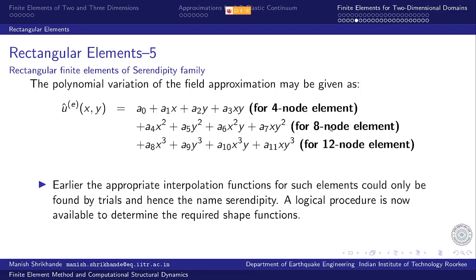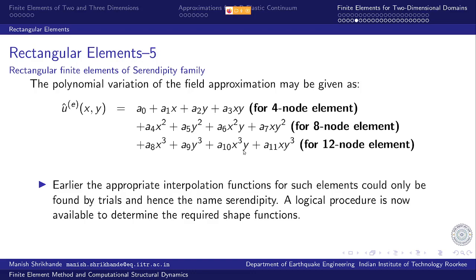For 12-node elements, we add 2 quartic terms beyond the complete cubic. So a very significant saving. For example, for this cubic element, we are eliminating 4 nodes, and 4 nodes, that means we are reducing 8 variables in one element.